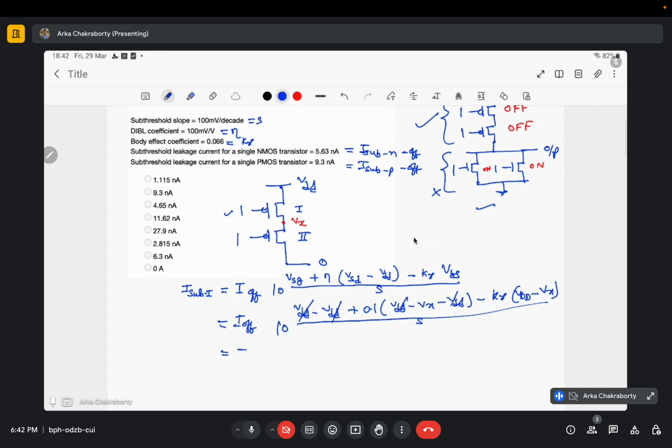I'll be left with I0 10 to the power 0.1 minus Vx, plus K gamma is 0.066, VDD is 1, and Vx would be, so it would become 0.066 Vx.